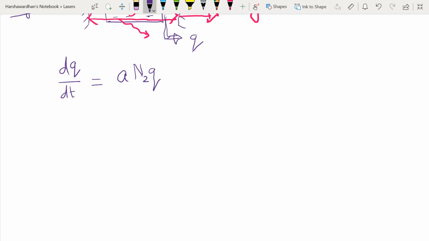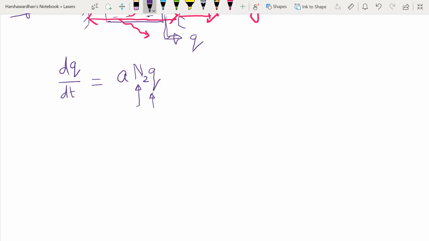Remember, stimulated emission not only depends on the availability of the atoms in the excited state, which is captured by its dependence on N2, it also depends on the incoming number of photons themselves. So if the incoming number of photons were missing, you would not be having the stimulated emission.